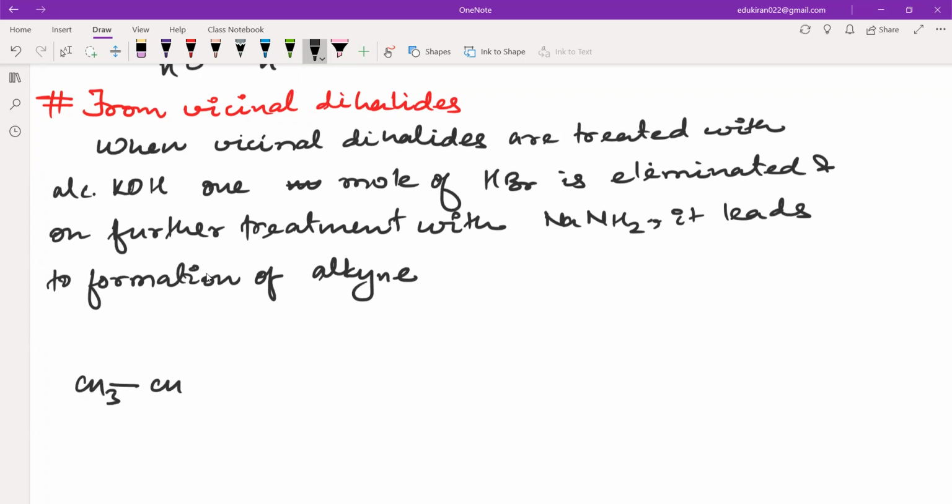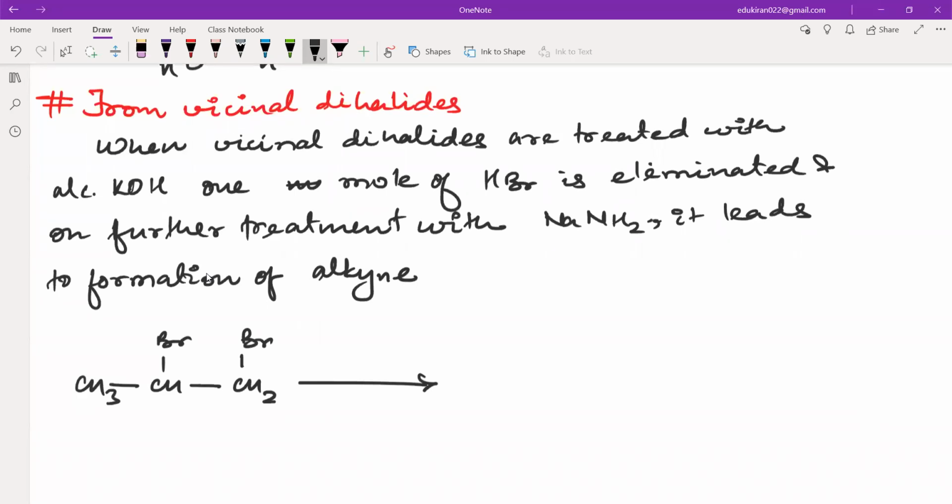CH3 CH with Br and CH2 with Br. So one of the bromine atoms and one of the hydrogens will be eliminated, and you will be getting an alkene.